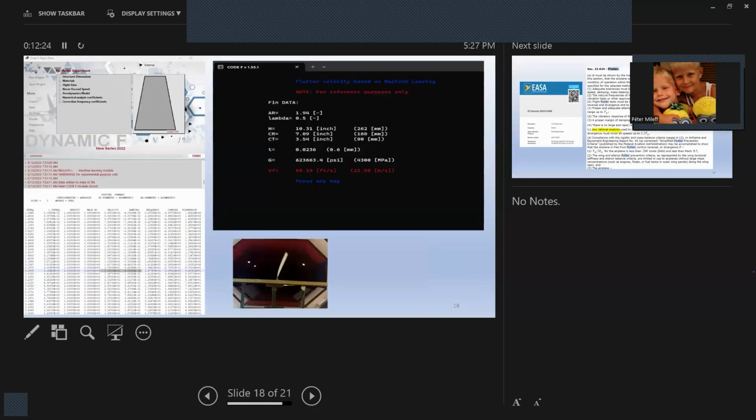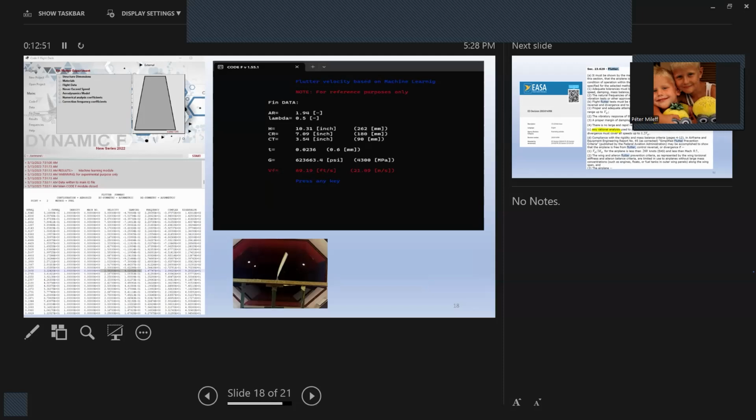Now, when we deployed it and programmed it in our software, we of course compared the results of this particular algorithm with other conventional methods that I have mentioned earlier. First of all, the numerical one, which is considered to be the most accurate, as you have seen in one of the previous slides.